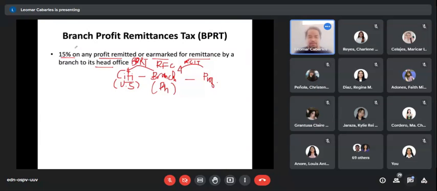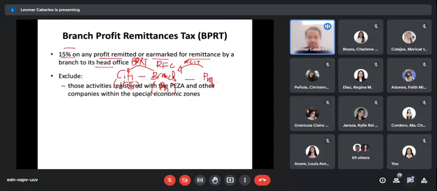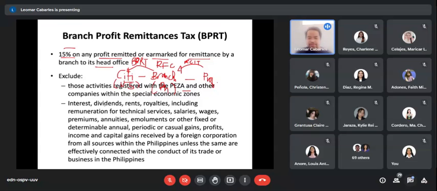Okay? So 15% yan. Ang hindi lang kasama dyan, yung exempt under PEZA, those economic zones, interest, dividends, rents, royalties, mga to. Unless connected sa business. Ang tinutukoy dito na BPRT, yung connected sa business nila. Okay?